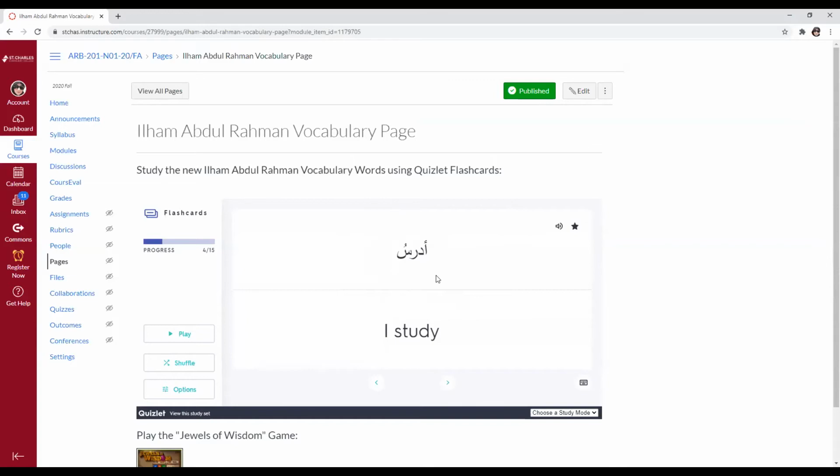It's a conjugated verb. Conjugated for ana. Okay? And the root letters here are dal, ra, and sin, darasa. The same root letters you'll find in words like mudarris and madrasa. Okay? Both of those words have darasa as their root letters. So they're all related.